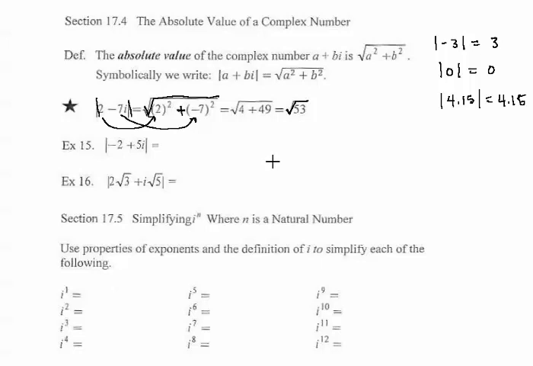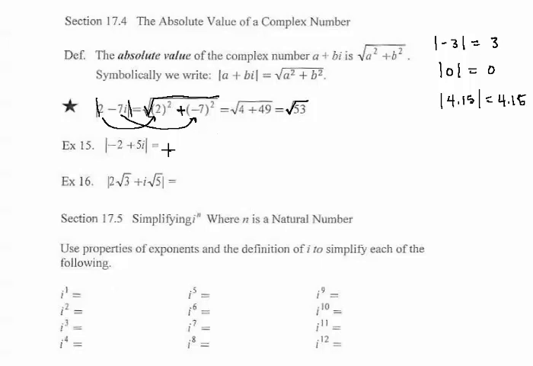So it's definitely not as easy as taking the absolute value of a real number. There's quite a bit of calculation involved. Alright, but it is the square root of the sum of the squares of a and b.